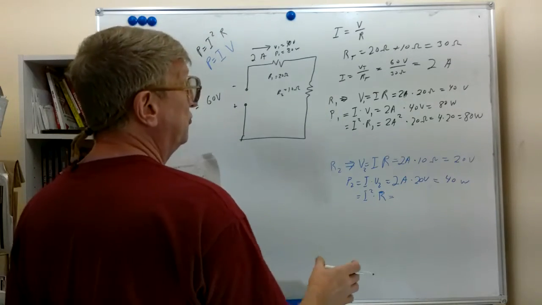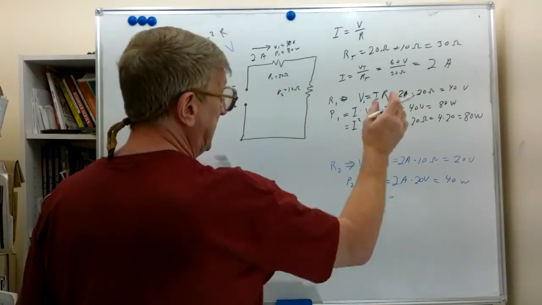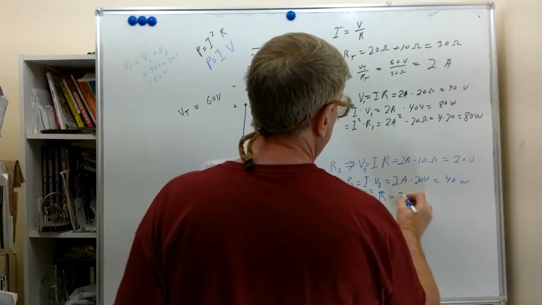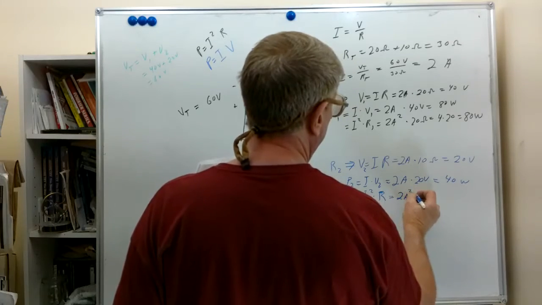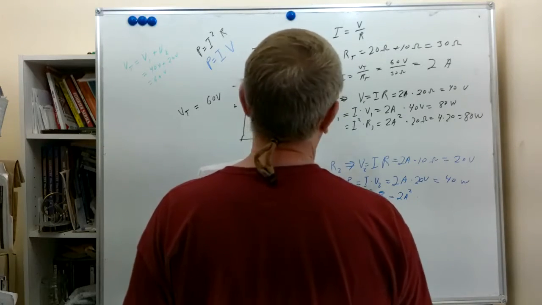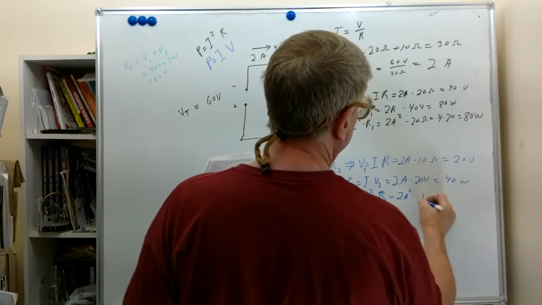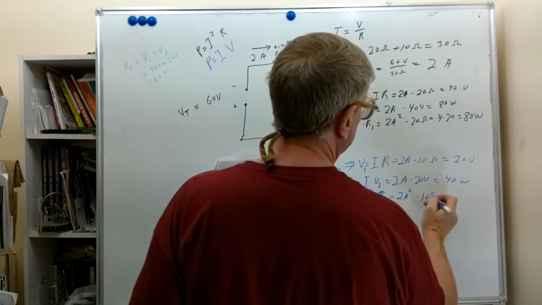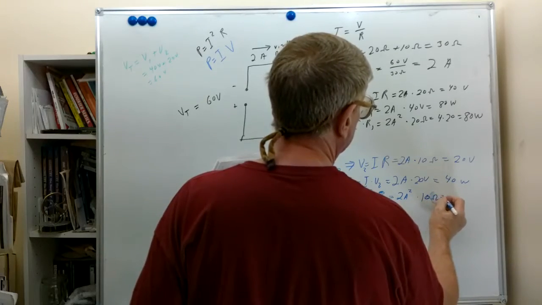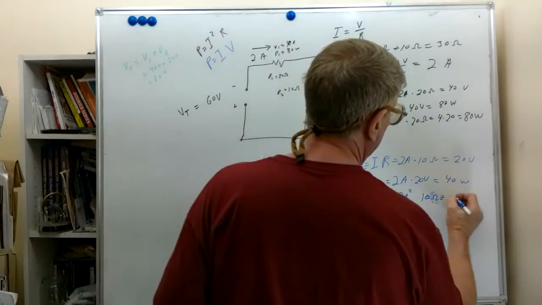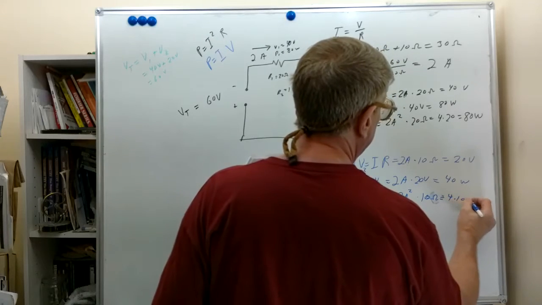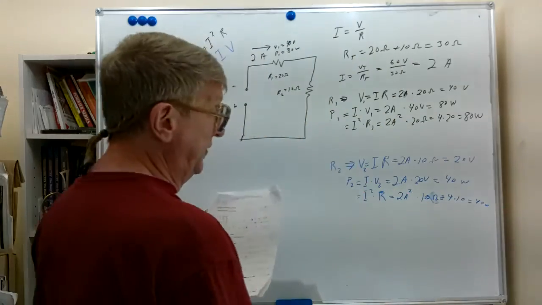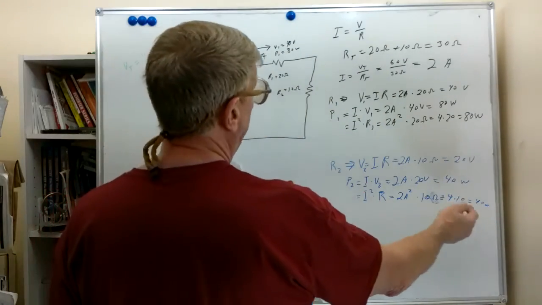Though we could have chosen to calculate power first and not calculate the voltage by using this formula. But we have 2 amps everywhere in a series circuit times the resistance, which was 10 ohms. And that equals 4 times 10 equals 40 watts. And once again, we have consistency, the same value.